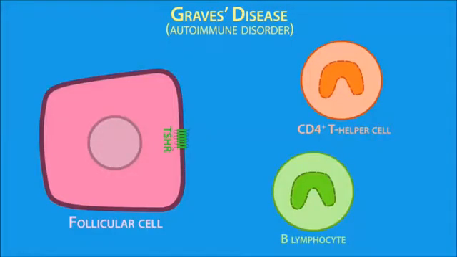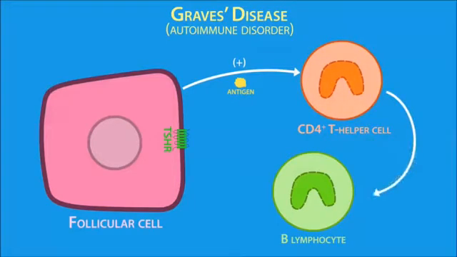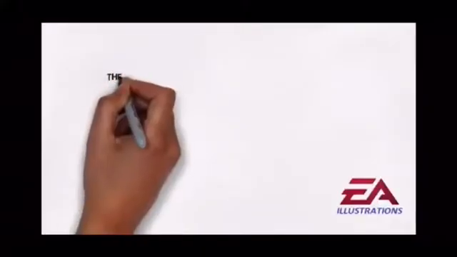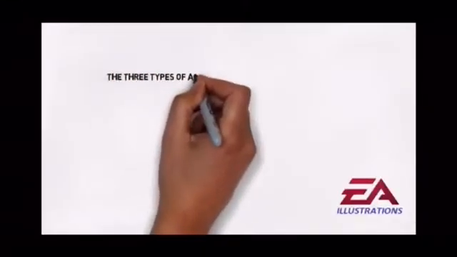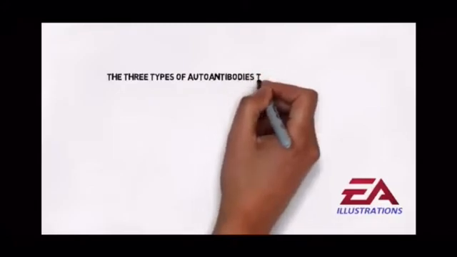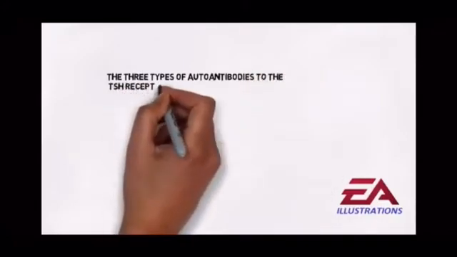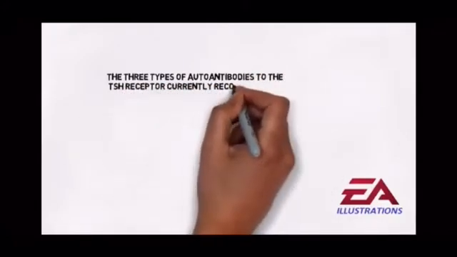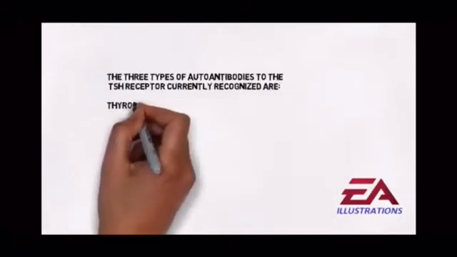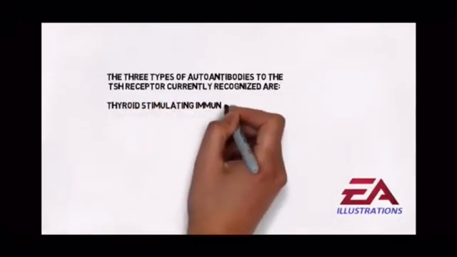It begins when thyroid-specific antigens activate CD4-positive T helper cells, which in turn stimulate the B lymphocytes to produce antibodies against the thyroid-stimulating hormone receptor. The three types of autoantibodies that bind to the TSH receptor currently recognized are: first, thyroid-stimulating immunoglobulins.